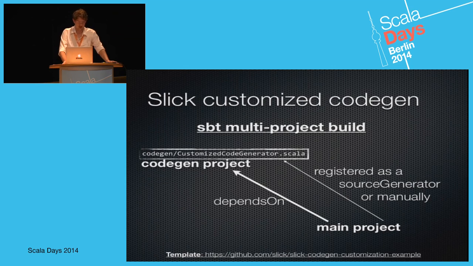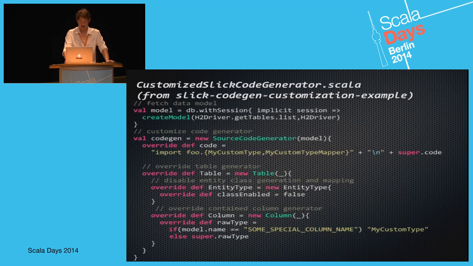What it would look like then, you would have a multi-project SBT build, and you have one project for your code generator stuff, which contains a customized code generator, which could extend Slick's base code generator and then do some changes. And your main project depends on that. So the CodeGen project is built before, and then you can register some classes from there as the source generator in SBT.